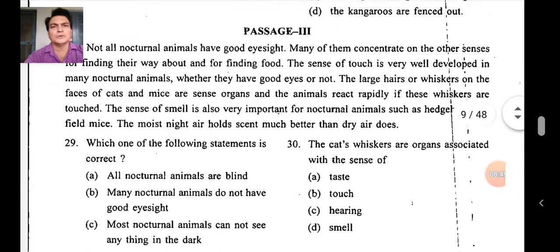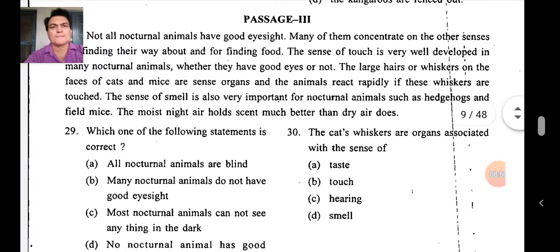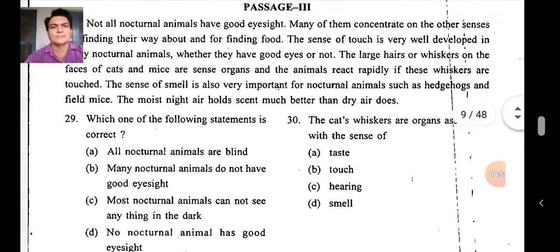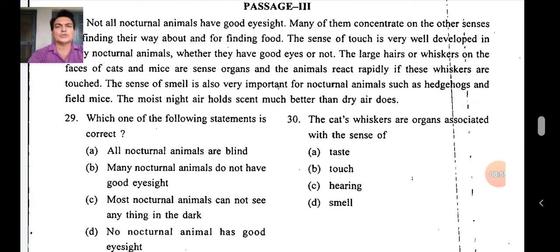Right, so question number 29. Which one of the following statements is correct? All nocturnal animals are blind. When you read this first one, you will feel that it's wrong because not all nocturnal animals have good eyesight, but that doesn't mean that they are all blind.